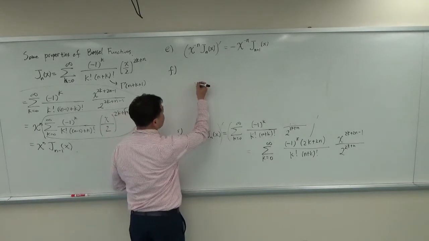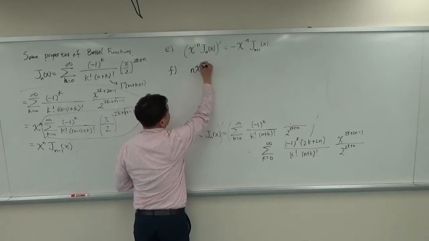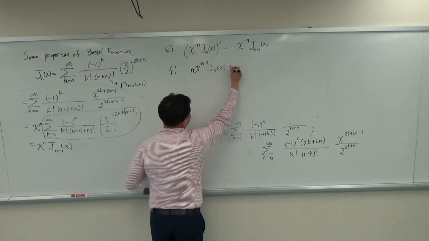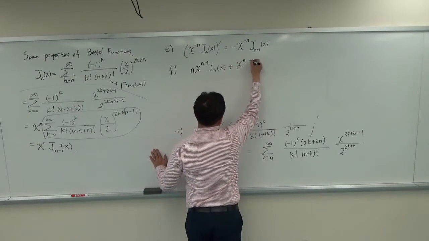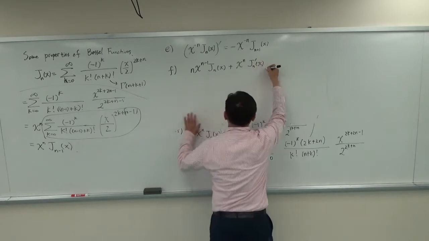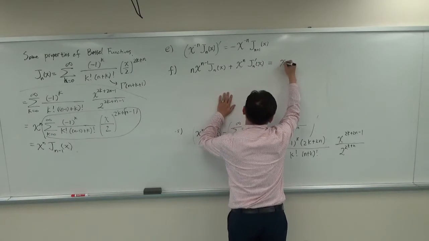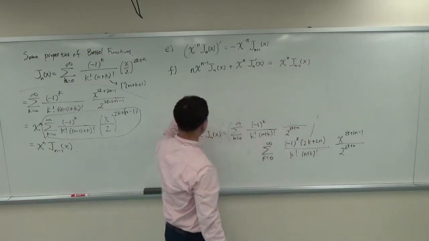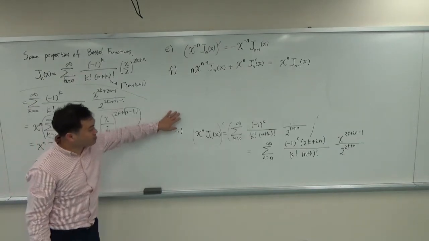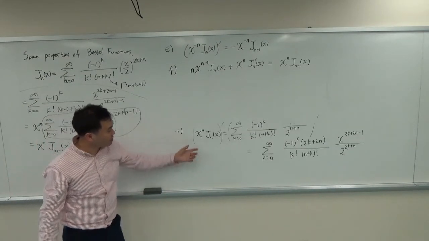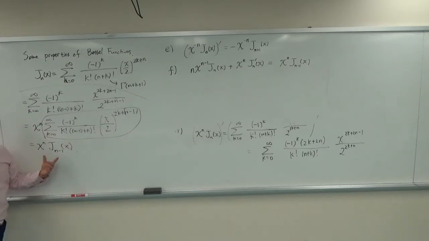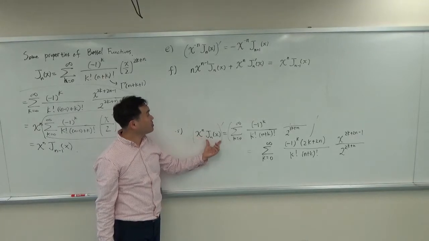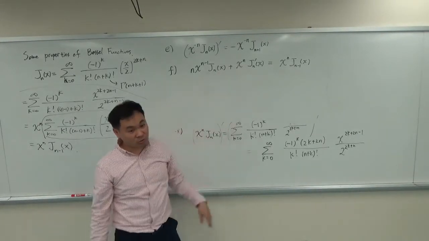This is saying that you have n times x to the n minus 1 J n x plus x to the n J n prime x equals x to the n J n minus 1 x. Right, I erased this. I shouldn't have erased it, but it says this is the same as this. So if you just apply the product rule to this, the x to the n is differentiated, and then you differentiate the second one, this is what you get.